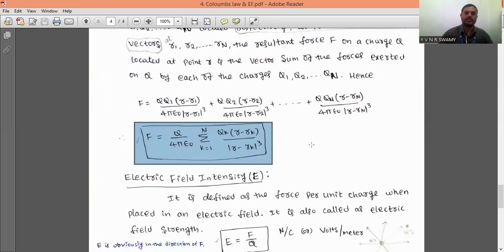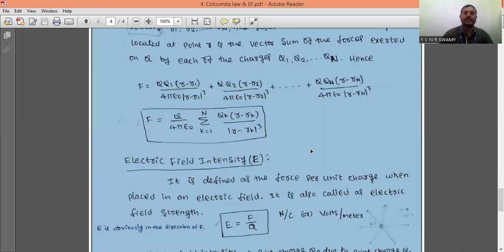Okay, so then we'll go for electric field intensity. Initially we already discussed electric field. If the charges are at rest, they will produce a field. That field is called the electric field or electrostatic field.